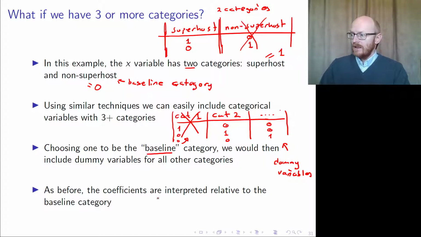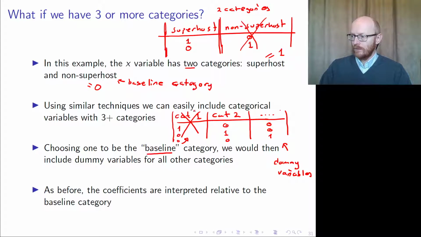And remember that when we had a superhost dummy variable, the coefficient for the superhost dummy variable was a change relative to the base case. So the coefficient on the superhost dummy variable was the change in intercept between the base case, the non-superhost, and superhost.